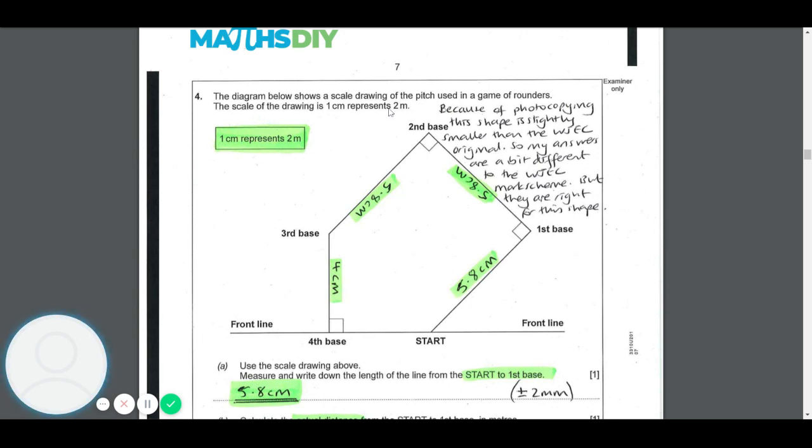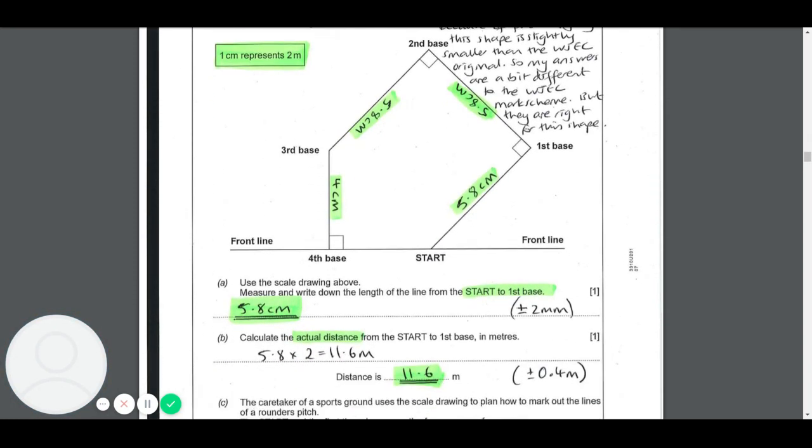Okay, so the diagram shows a scale drawing of a pitch used to play rounders. The scale is 1 centimeter to 2 meters. Use the scale drawing above to measure the length of the line from the start to the first base. So get your ruler, measure this line, and it's 5.8 centimeters.